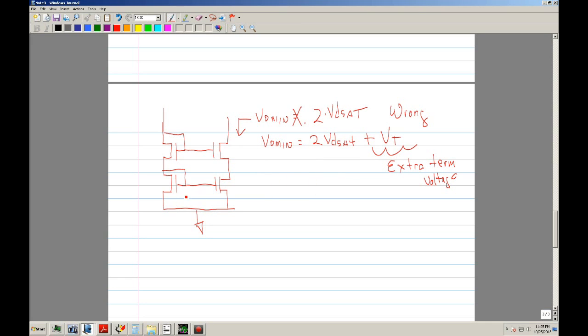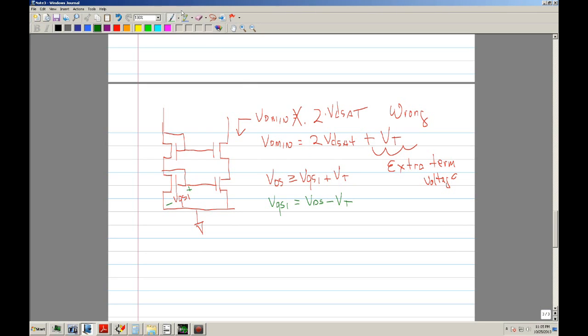Well, first of all, let's calculate this VGS1. So we use the regular equation, and I'll say that it's VGS1 plus VT. And since the voltage is going to be from the drain to the gate, we can solve this and say that VGS1 is equal to VDS minus VT.